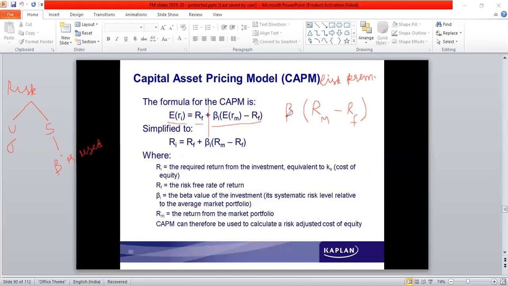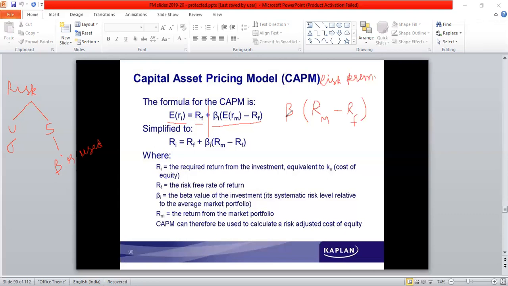So a measure which is used to calculate the risk is beta. So the return and the risk, both of them are multiplied. That gives us the expected rate of return on equity.